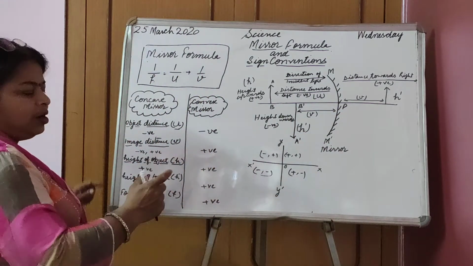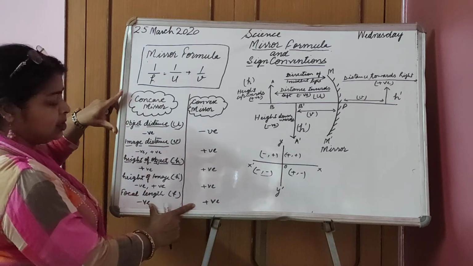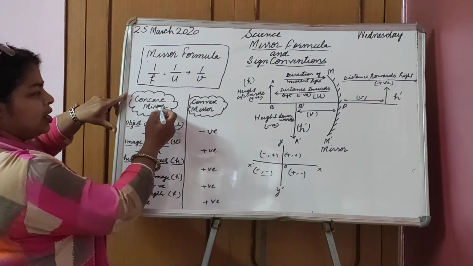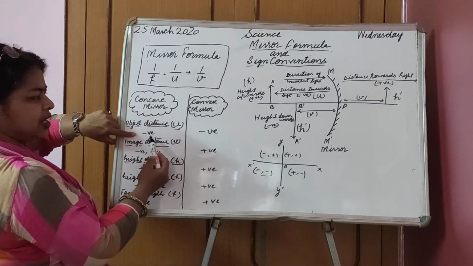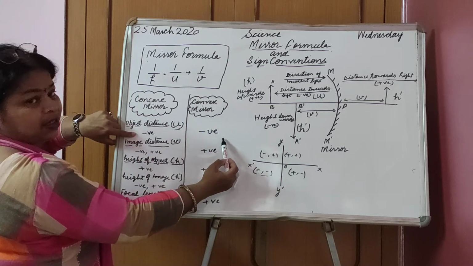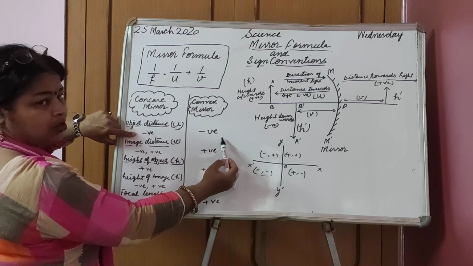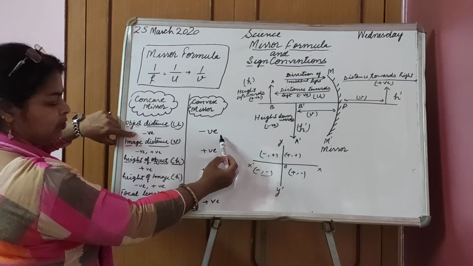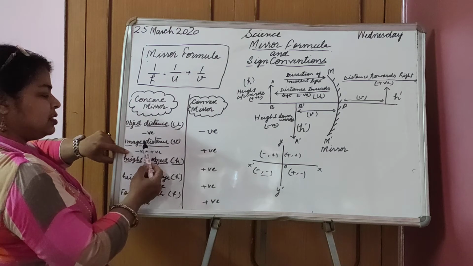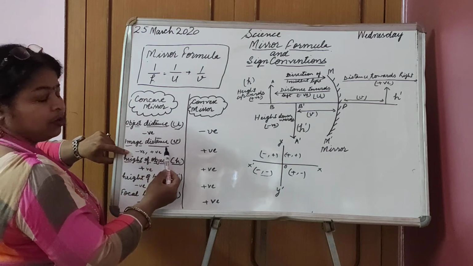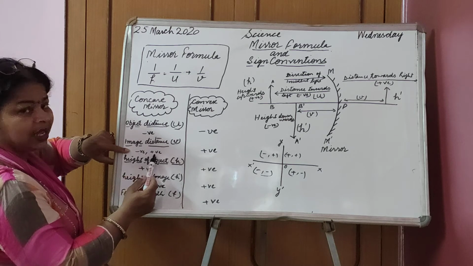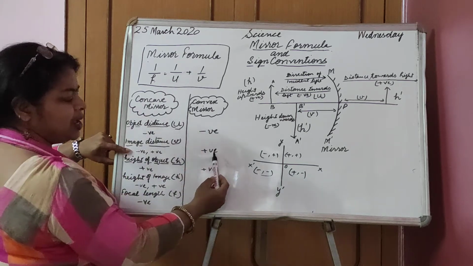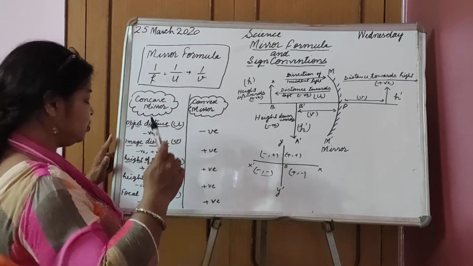So just to recall, we can make a very small and easy chart. Concave mirror and convex mirror: object distance u is always negative in concave, and in convex also it is always negative. Image distance from the pole: in a concave mirror it is negative as well as positive, while in a convex mirror it is always positive.